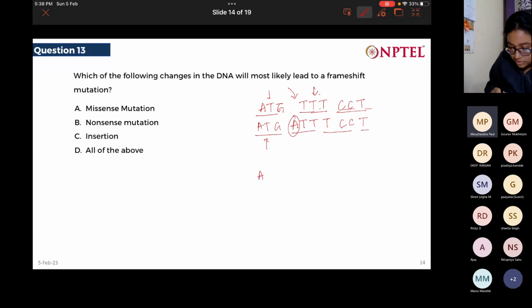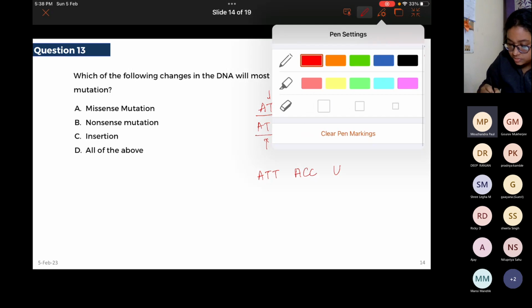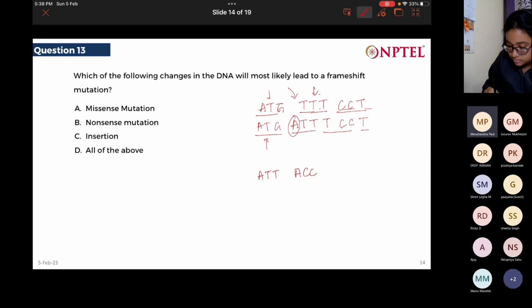So say this is a sequence. Here I put T T, sorry, T18.